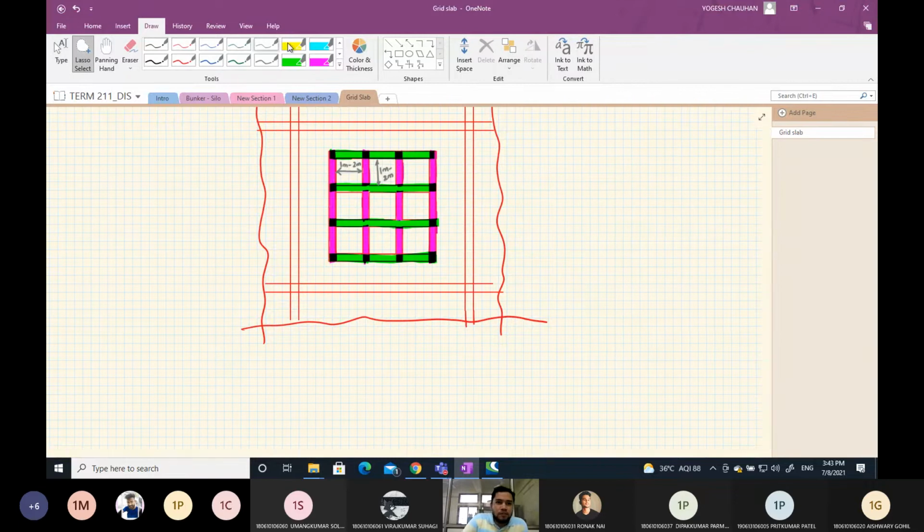In that case, this portion is designed where there can be negative bending moment. They are provided with solid slab.